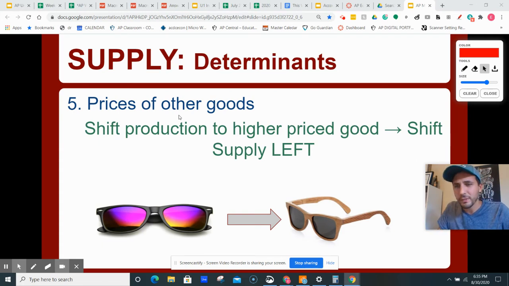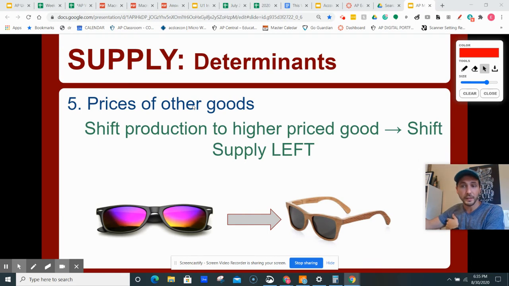Best example we have of this in recent memory is probably the fidget spinner, right? No businesses were producing the fidget spinner, but then we saw the demand for fidget spinners go through the roof. Prices were rising for it. And businesses are like, we can produce that. And so they shifted over and they all started producing fidget spinners. Okay. So in the event that another good's price rises, fidget spinners over here, I'm going to shift over and start producing more fidget spinners.